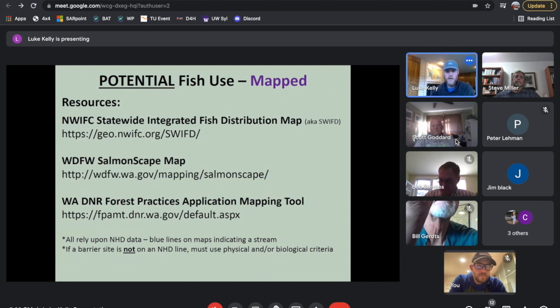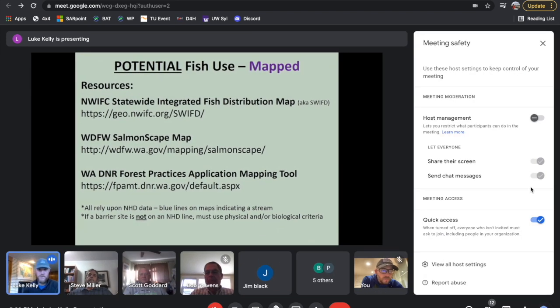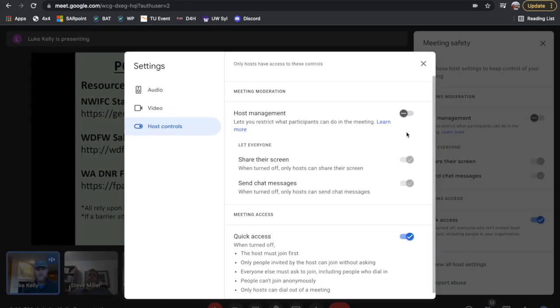Yeah, absolutely. That could be an other. If you didn't see any, but they're mapped, check yes, fish use potential every time. If you didn't see any and it's not on the map, but a landowner told you this, I love to ask whether they were salmon, like you saw adult salmon, or trout, were you catching trout, to get a sense of what they were.